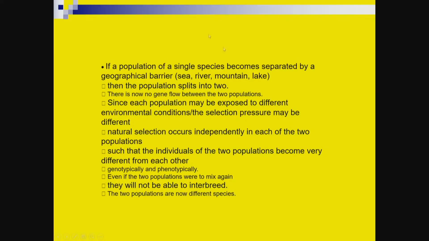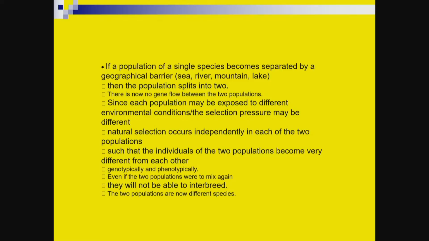Let me just go to the yellow slide, and this is straight from the new exam guidelines. We start with: if a population of a single species. I just want to stop there. You take this and apply it to the example of the question that is asked. Maybe the question is on long-tailed birds, or on tortoises, or whatever it may be.